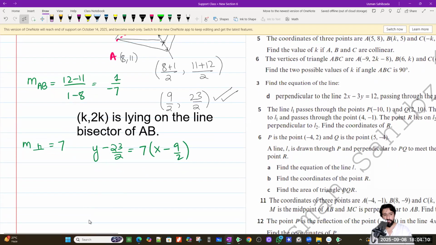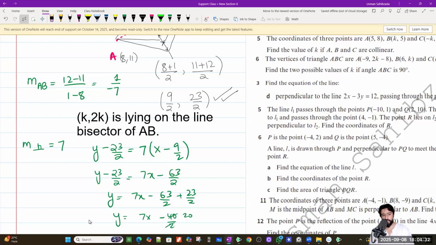We can expand, simplify. Y minus 23 over 2 equals 7x minus 63 over 2. Y equals 7x minus 63 over 2 plus 23 over 2. Y equals 7x, minus 63 plus 23 is a minus 40 over 2 makes it 20. So the equation of the line bisector becomes y is equal to 7x minus 20.